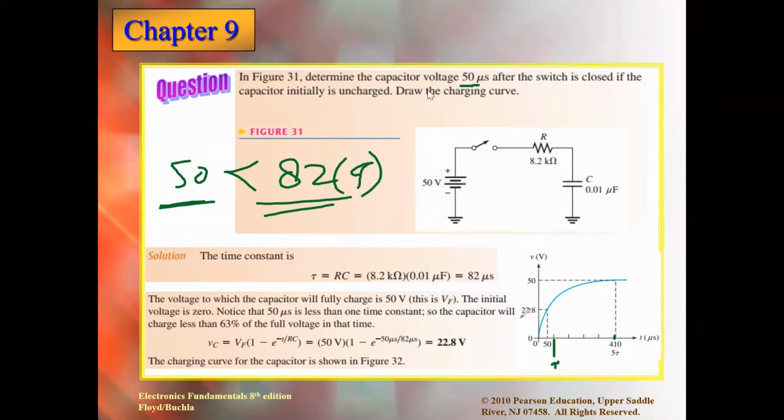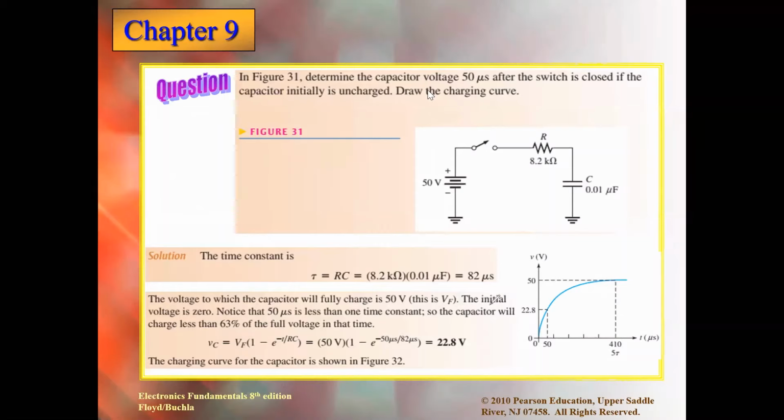So it is saying 22.8% will charge, and in 5 time constants it will charge to the maximum. So this is the curve which you can draw, and some lines you can draw. Clear? All right.